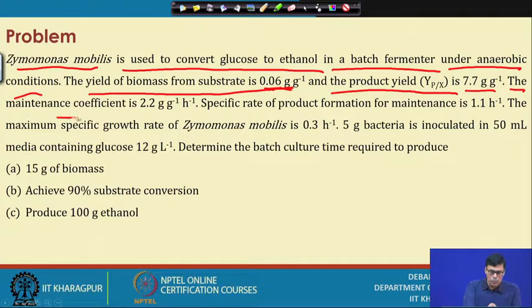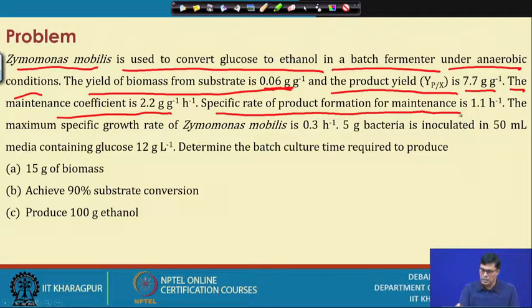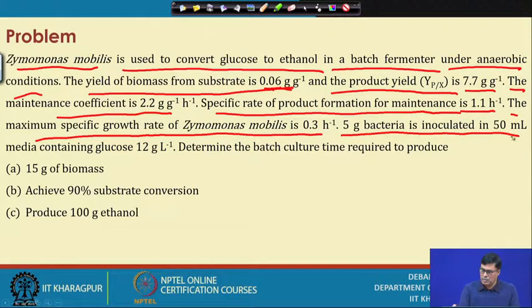The maintenance coefficient is 2.2 gram per gram per hour, and the specific rate of product formation for maintenance is 1.1 per hour, and the maximum specific growth rate of Zymomonas mobilis is 0.3 per hour. 5 grams of bacteria is inoculated in 50 milliliter media containing glucose 12 gram per liter.